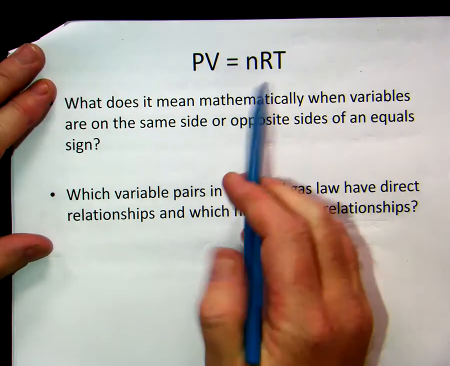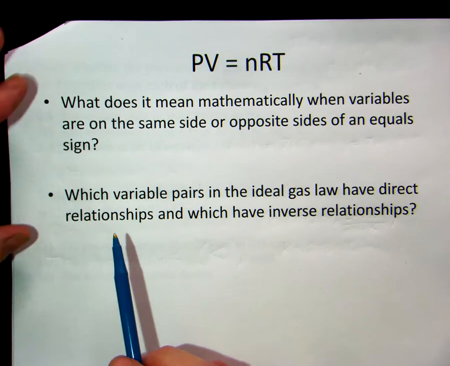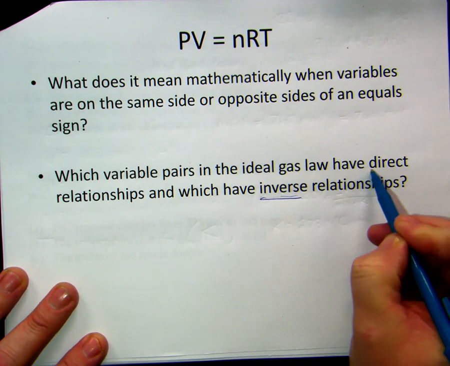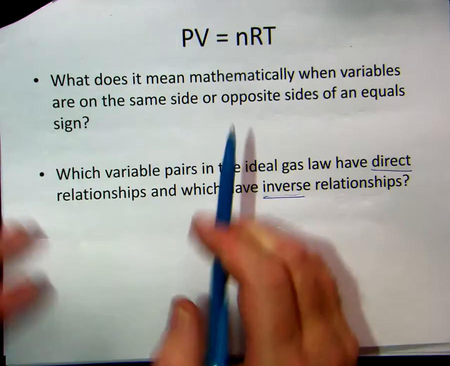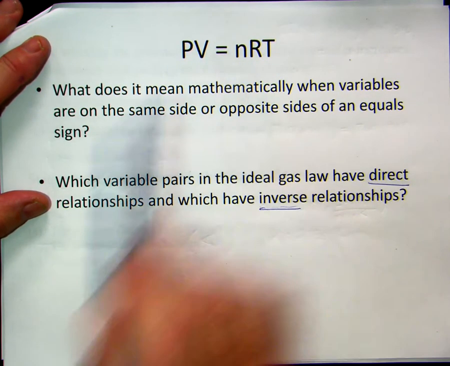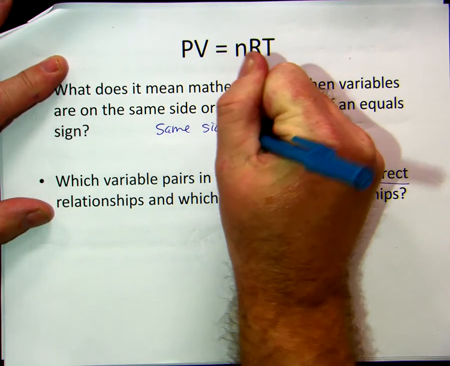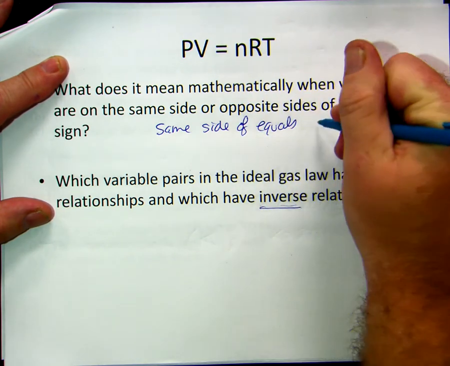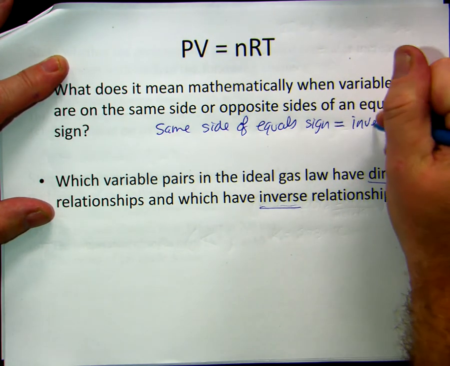So whenever you have an expression where you have multiple variables and an equal sign, there are variables that we say have an inverse relationship and a direct relationship. So notice how some variables are on the same side of the equal sign and then others are on opposite sides of the equal sign. If you're on the same side of the equal sign, that equals an inverse relationship.